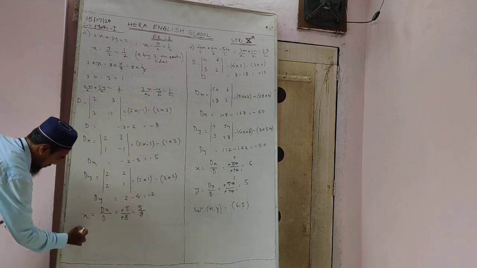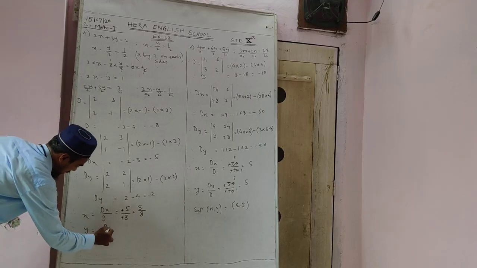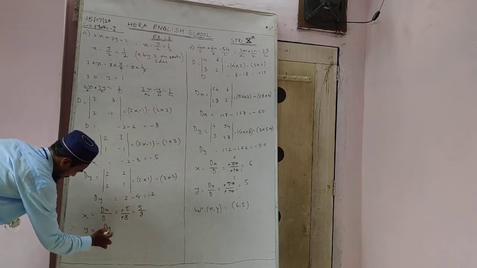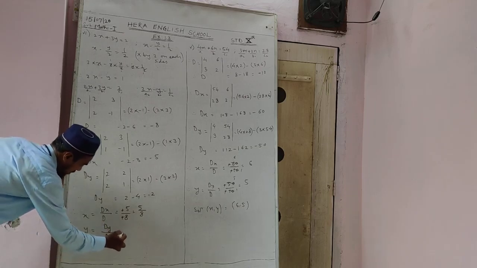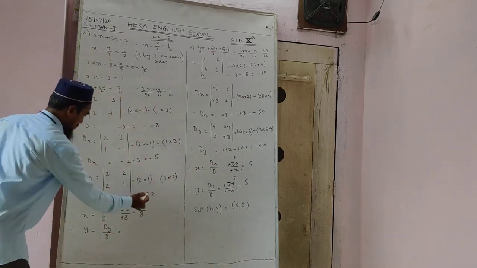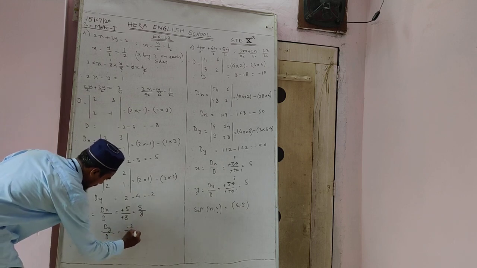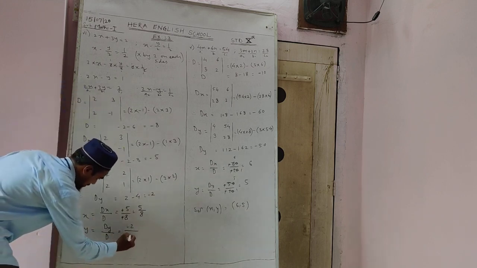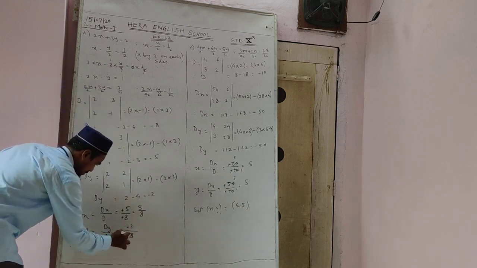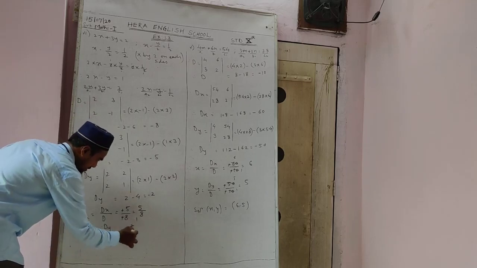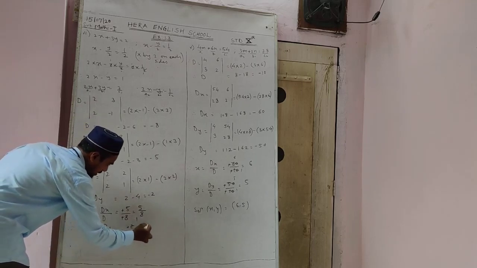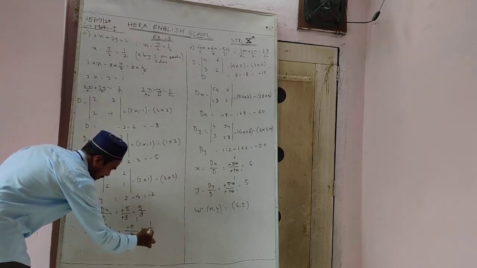Now to get y, the formula is dy upon d. The dy we got is minus 2 and d is minus 8. Minus minus is plus, so cancel: 2 ones are 2, 2 fours are 8. We got the value of y as 1 upon 4.